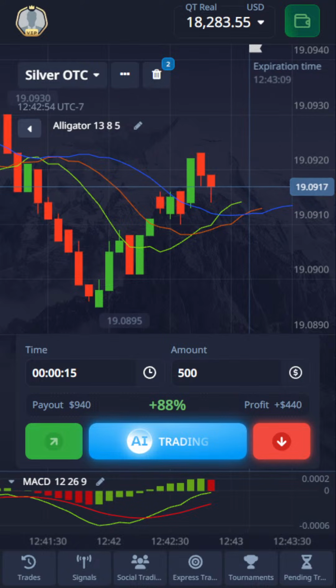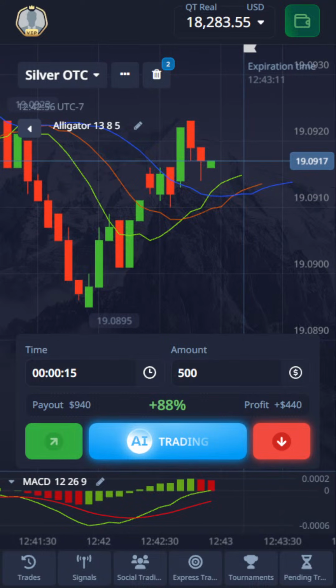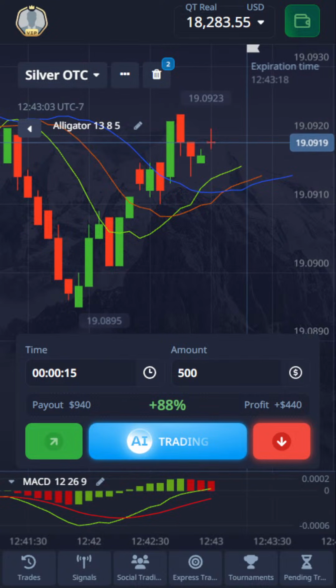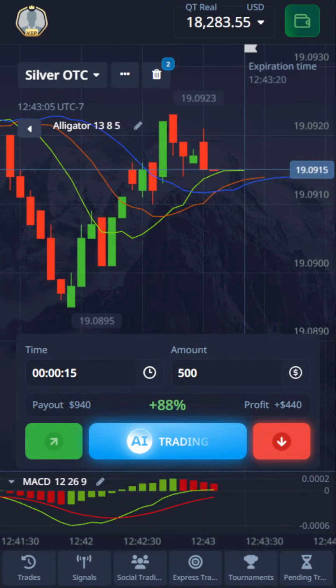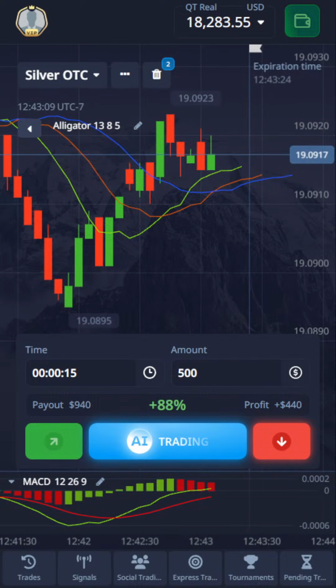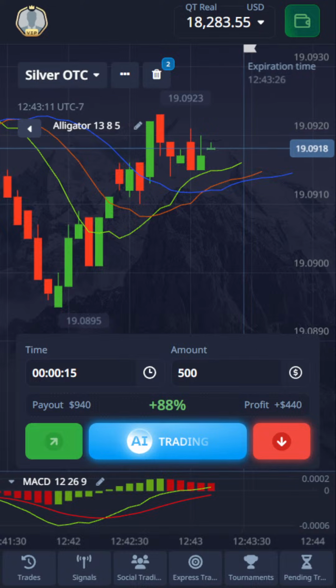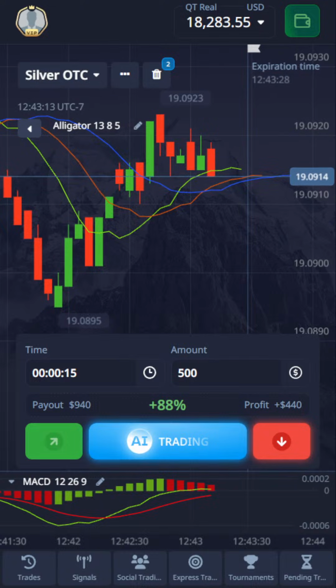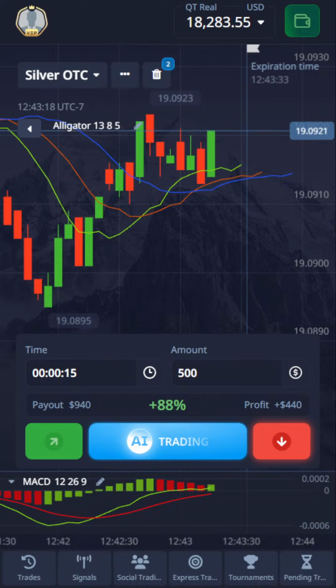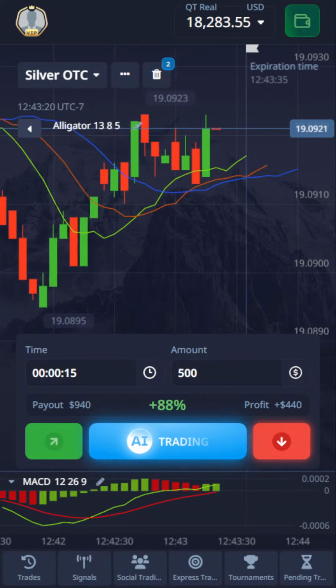So I want you to be there looking at your chart and you see that what the alligator indicator is doing, the MACD indicator is doing the same thing. So by me using these two indicators, it helps me confirm that what I'm seeing with the MACD indicator is the same thing that is happening with the alligator indicator.